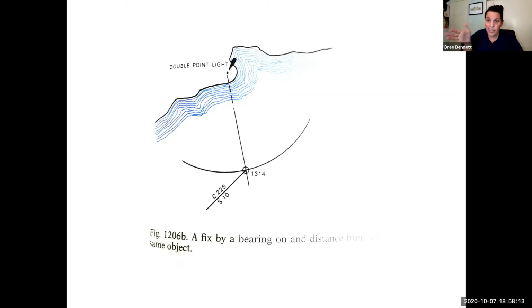You only need one thing to triangulate, which really isn't triangulating. But you can get two LOPs from one aid to navigation if you have an instrument that measures distance. So you can get a bearing and a range, and how that would look when you draw it on your chart is a line and an arc. So that's how you'd get a fix that way.